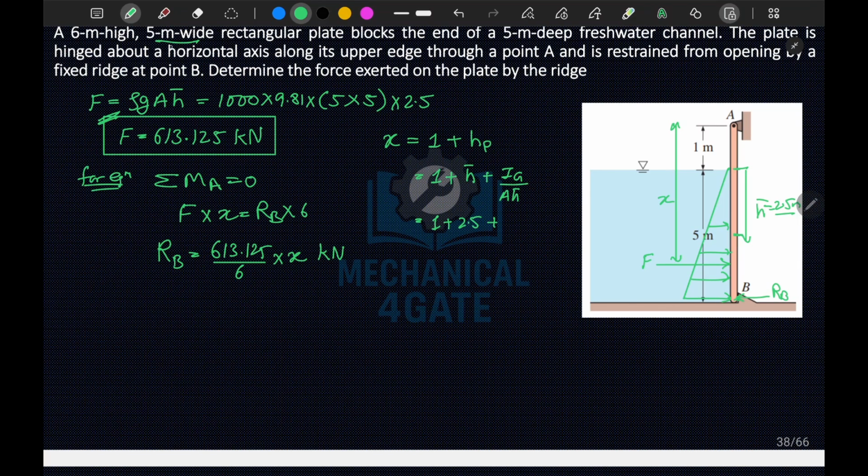Here b is the width, that is 5 meter, and h is the height, that is 5 meter, so b h cube by 12, divided by A, which is 5 into 5, into h bar, again 2.5. We can write 2.5 as 5 by 2, so 5 cube over 12 divided by 5 into 5 into 5 by 2, okay. So if we calculate this, this will become 3.5 plus 5 divided by 6.